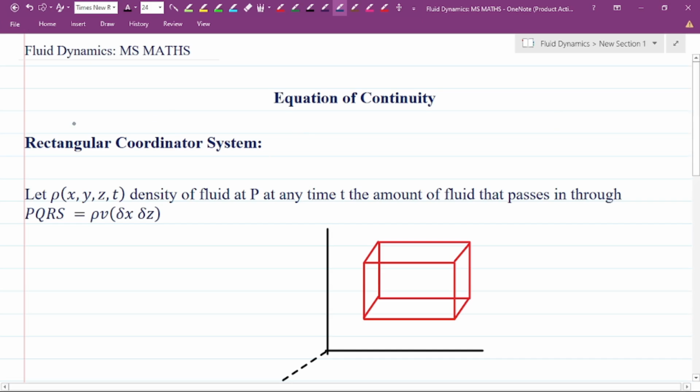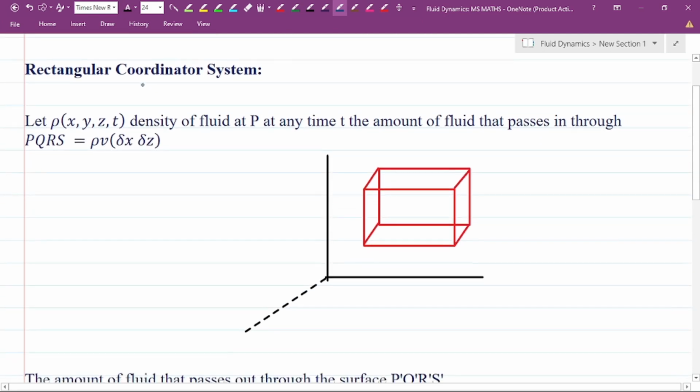In the rectangular coordinate system, let rho(x, y, z, t) be the density of fluid at point P, and at any time t consider the amount of fluid that passes through PQRS. This is P, this is Q, R and S.